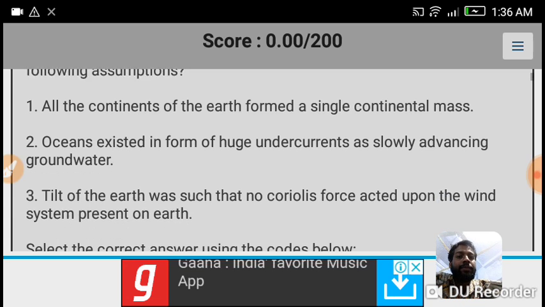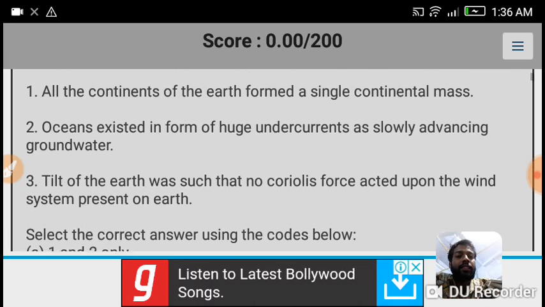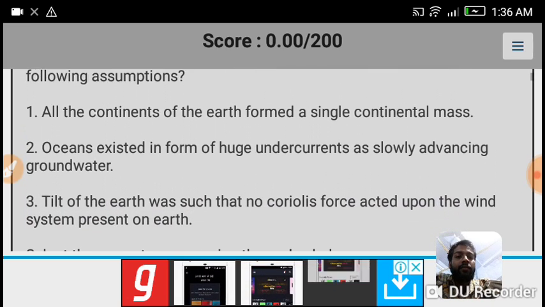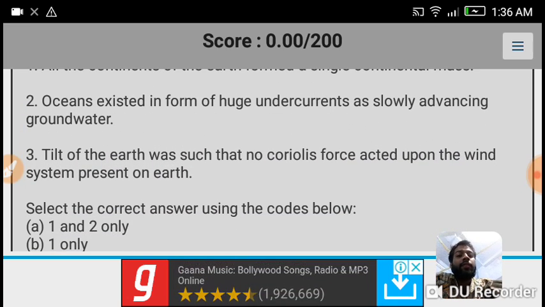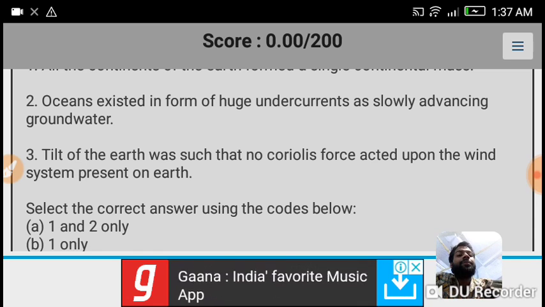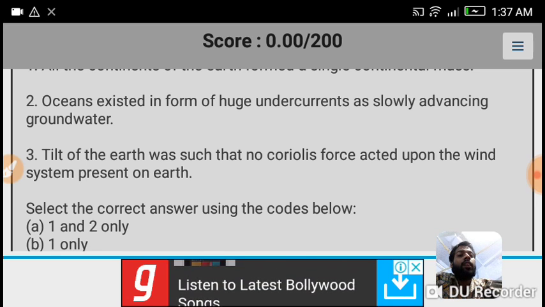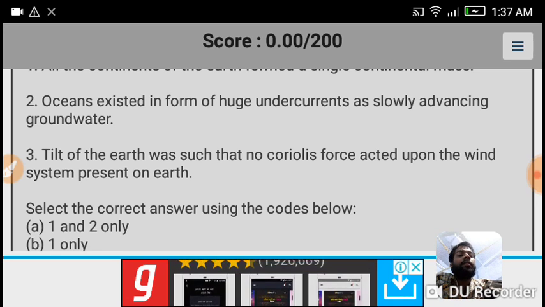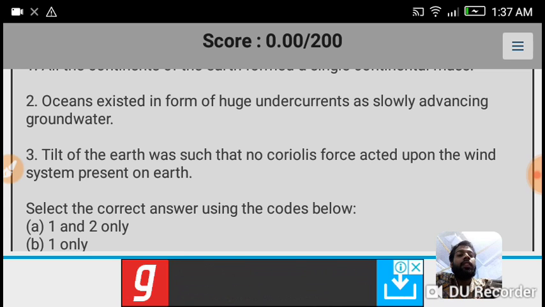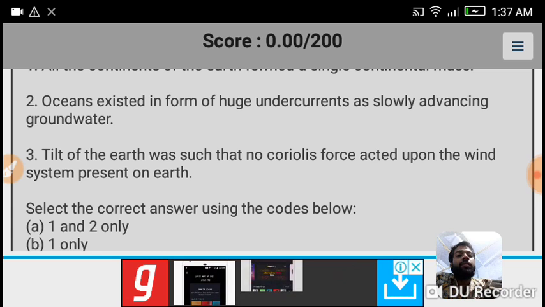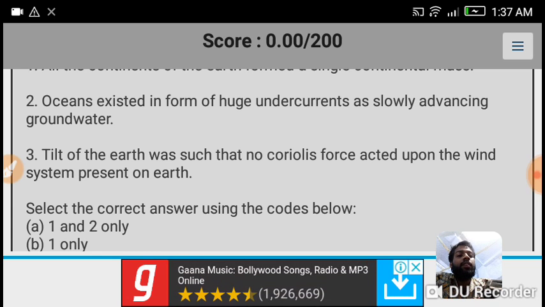It is a correct assumption. And second, oceans existed in the form of huge undercurrents as slowly advancing groundwater. It is not correct. And the tilt of the earth was such that no Coriolis force acted upon the wind system present on earth. It is not correct.